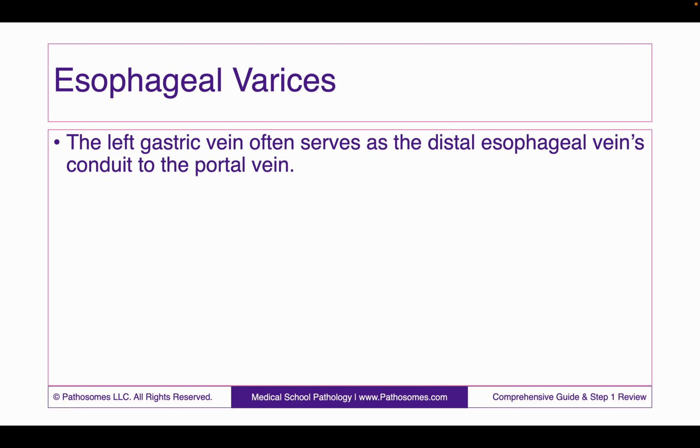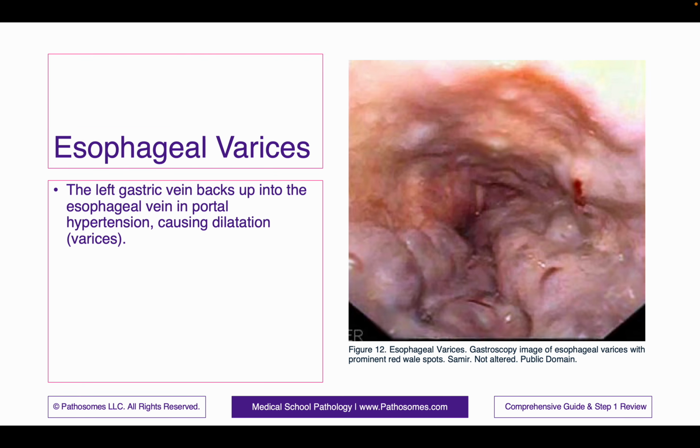The left gastric vein often serves as the distal esophageal vein's conduit to the portal vein. The left gastric vein backs up into the esophageal vein in portal hypertension, causing the dilation, i.e. the varices, like what you can see here with this gastroscopy showing esophageal varices with prominent red wale spots.